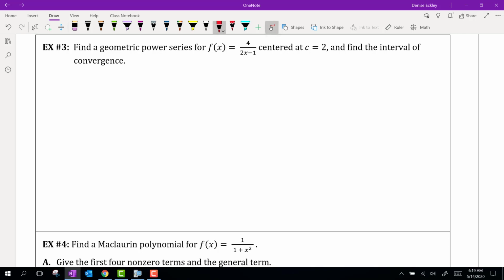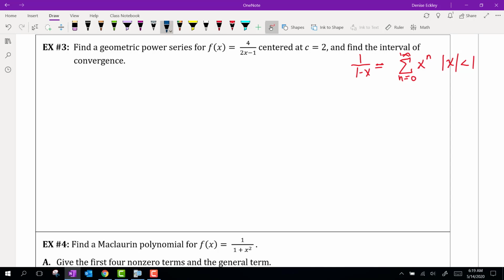So remember that 1 over 1 minus x can be written as the summation of n equals 0 to infinity of x to the n, and that's assuming, of course, that the absolute value of x is less than 1. So that's when a is 1. That's our most basic geometric series, and it's going to be like our best friend here.